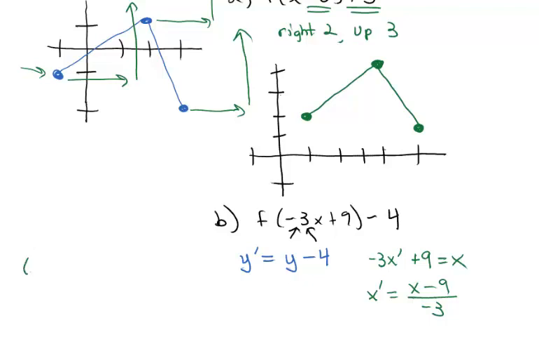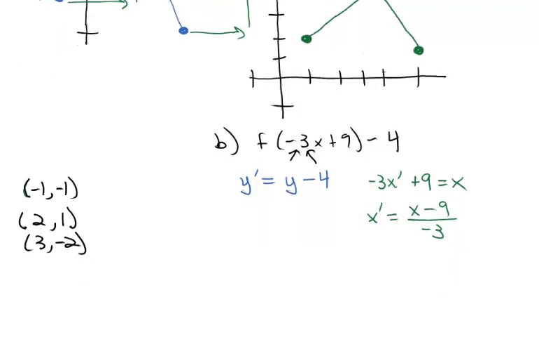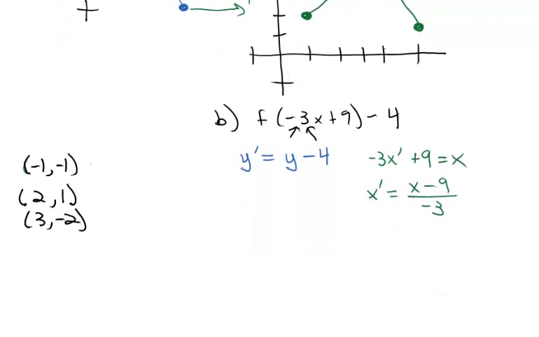The points on this graph that we're talking about, we're at -1, -1. There was one at 2, 1, and there was one at 3, -2. So we'll make these transitions to get our new points. First, the x's.